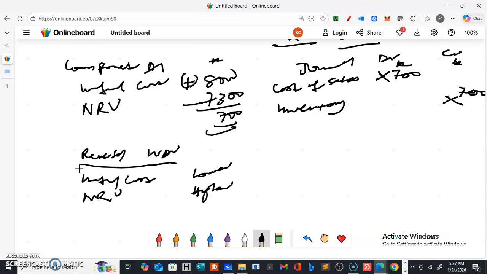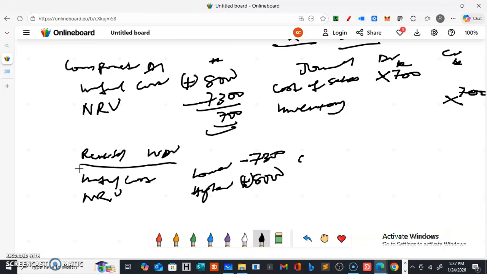What we're saying here is that, assuming the initial cost is now 7,300 and the NRV is now 8,000, the initial cost is now lower and the NRV is now higher. So what do we do to generalize?